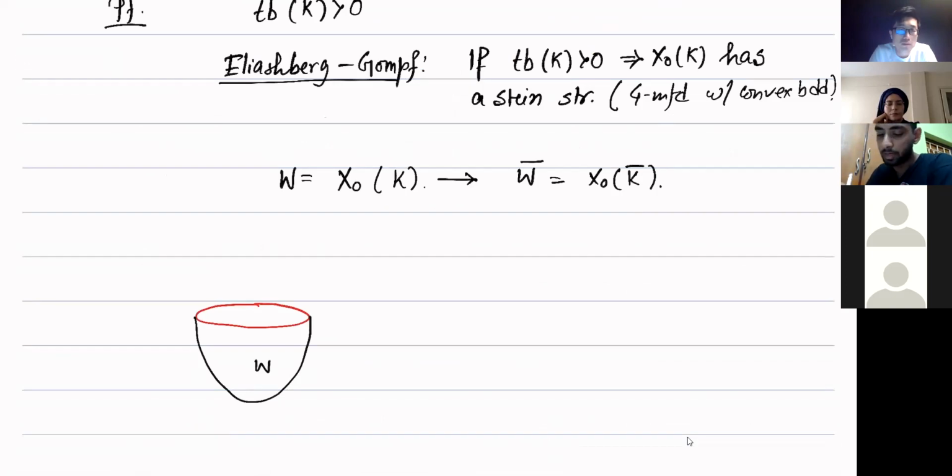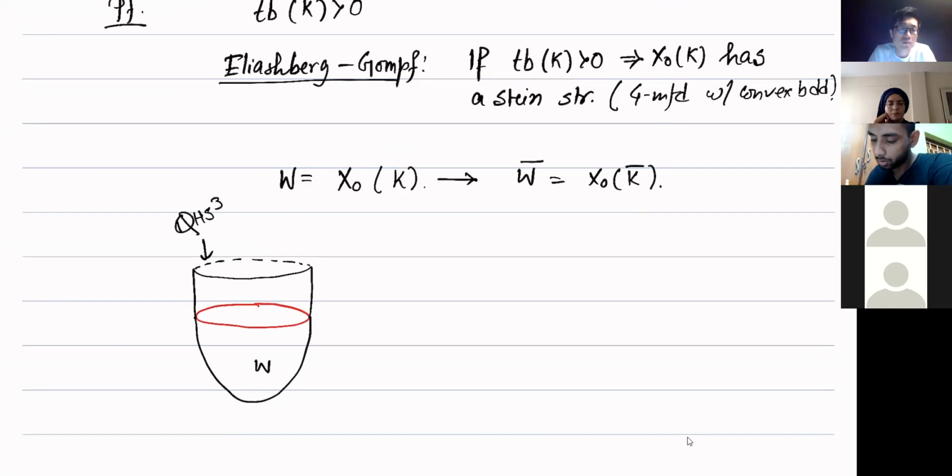So just to make sure that when I compute the relative homology I still get something non-trivial, what I could do is attach a few more Stein handles on W such that the top boundary becomes an integer homology sphere or rational homology sphere. It's not a big deal to convert the top boundary to a rational homology sphere by attaching a few Stein 2-handles, and that only contributes to the second homology group.